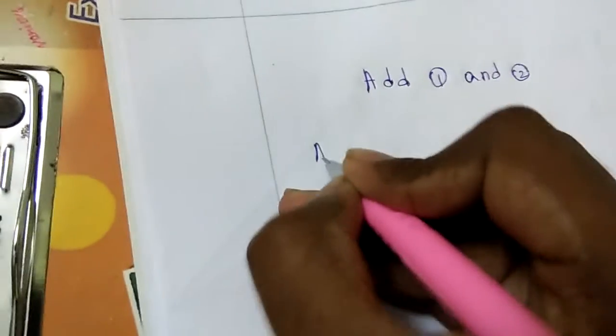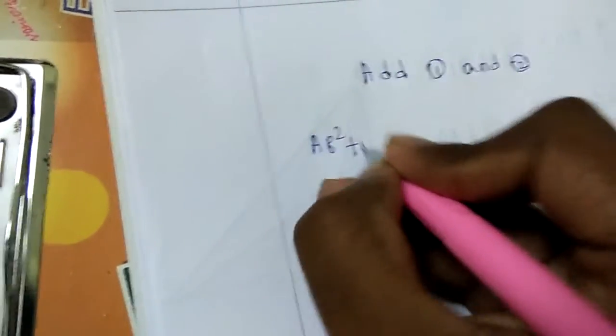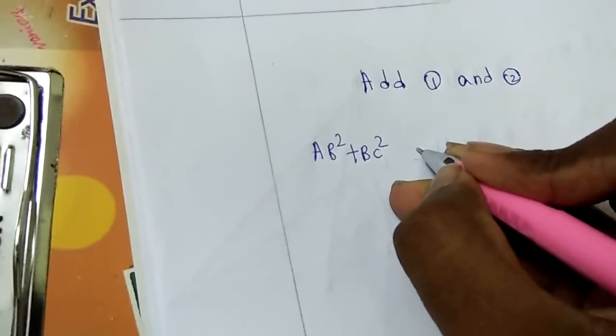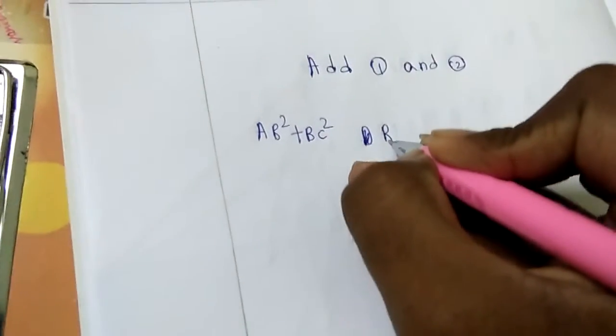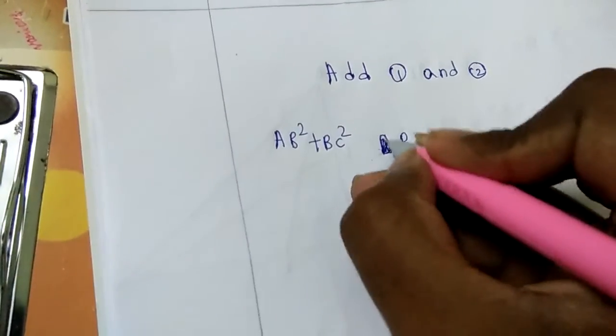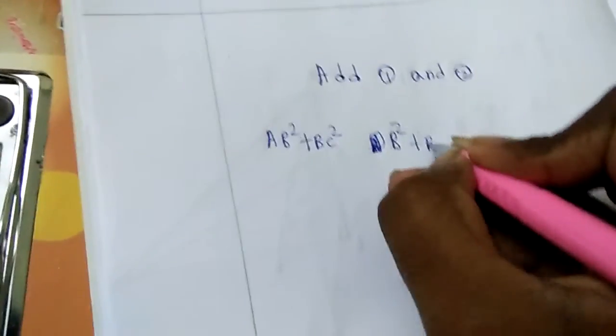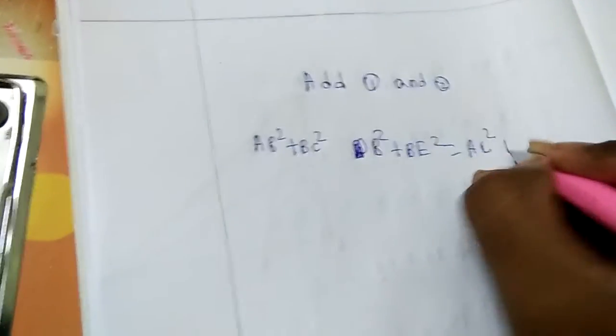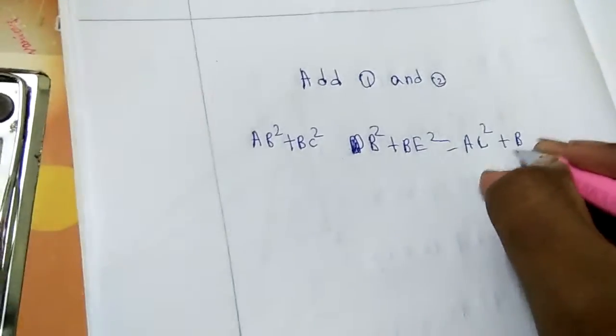So AB square plus BC square and DB square plus BE square is equal to AC square plus DE square.